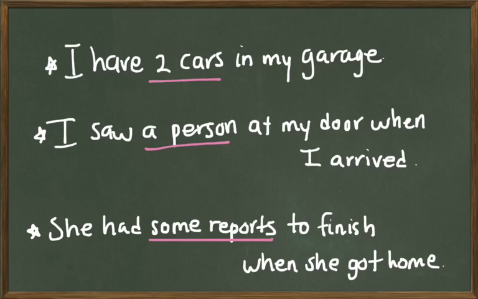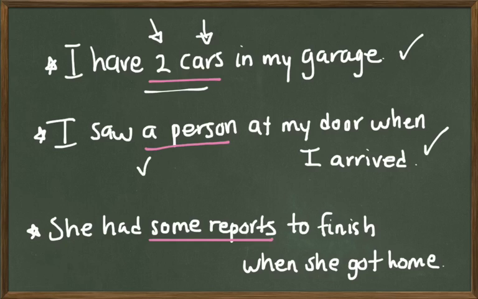Let's look at some examples I wrote here. Example number 1, I have 2 cars in my garage. As you can see, here we have our countable noun in plural form, and we have a number to express it. In the second example, I saw a person at my door when I arrived.